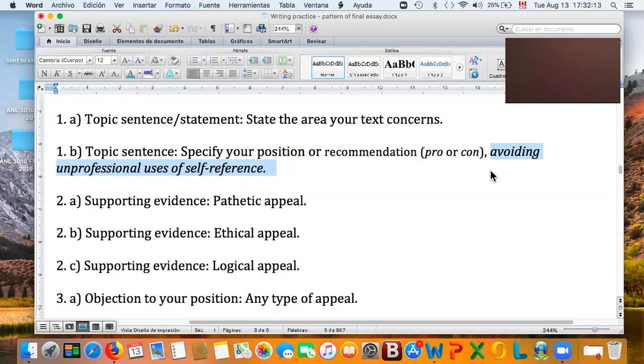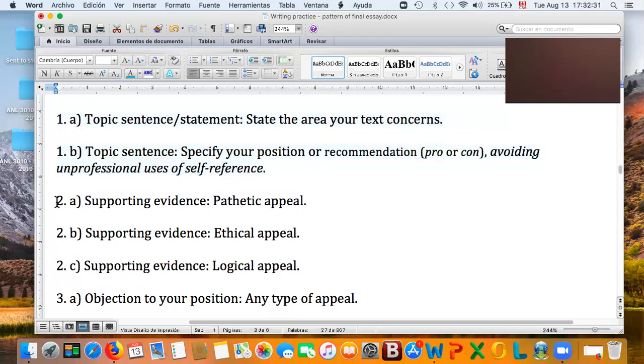You won't say you, your, and yours if you can possibly avoid it. So 1A and B, statement of your topic and of your position within that topic, in this case, pro or con.